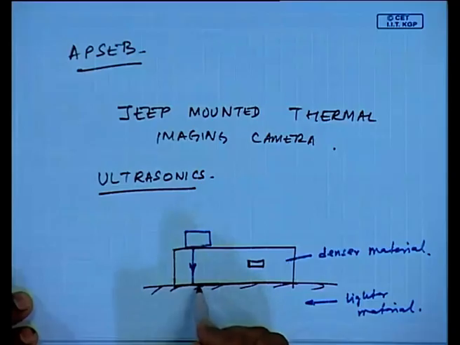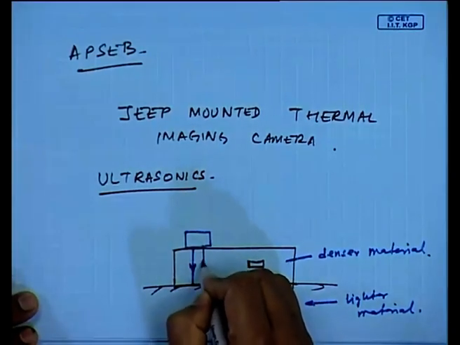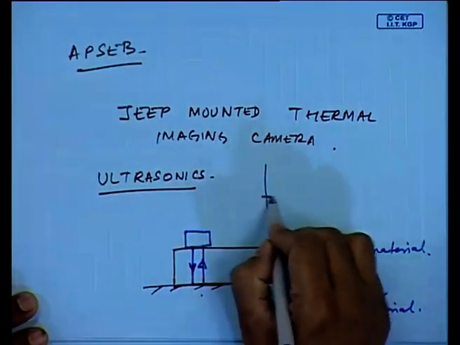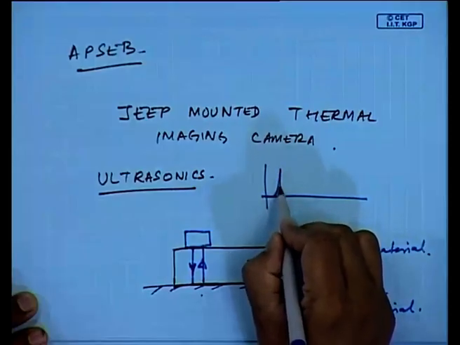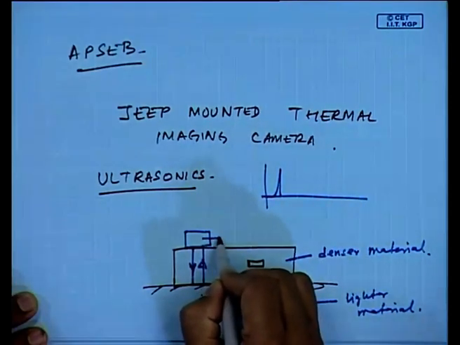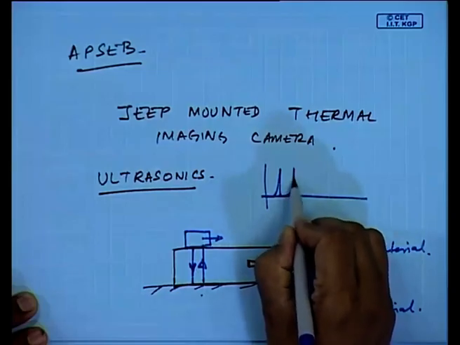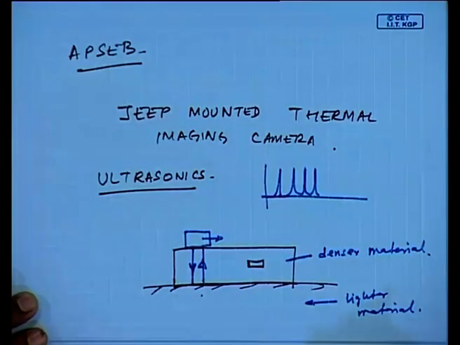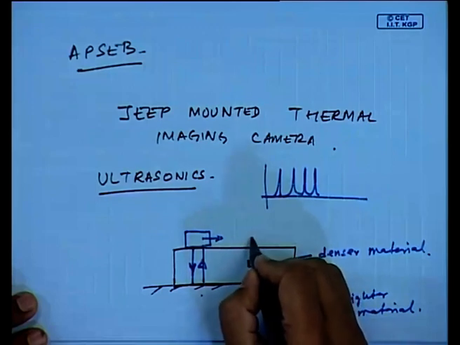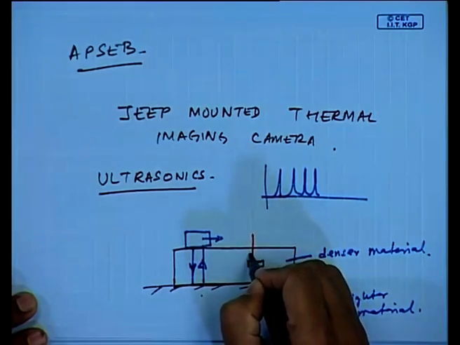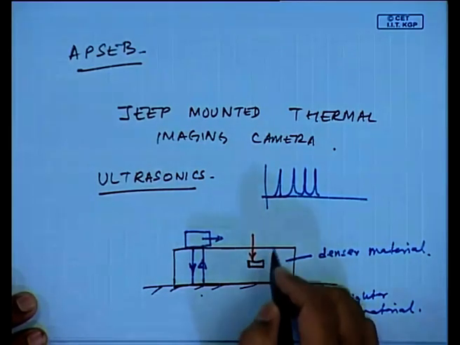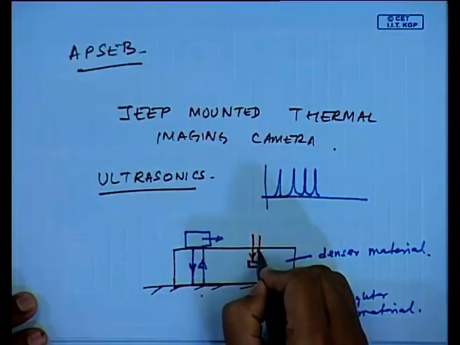So, because of this density difference, there will be a reflected wave. So, in this transceiver, you will see a pulse, and if you rove this transducer, every instance you will see a pulse, equally spaced. But when the transducer comes just right above the pocket or the void, because of the density difference, this is going to bounce back.